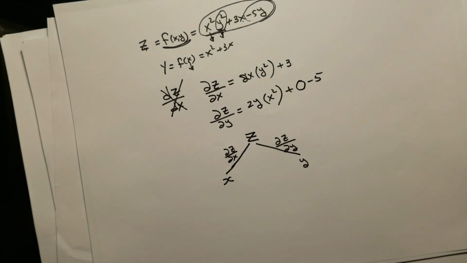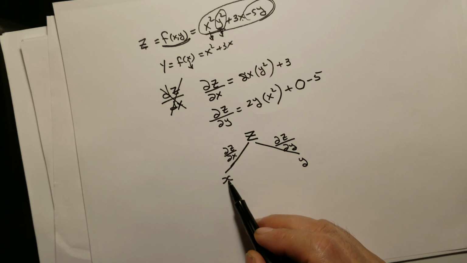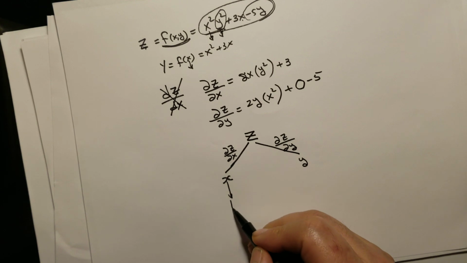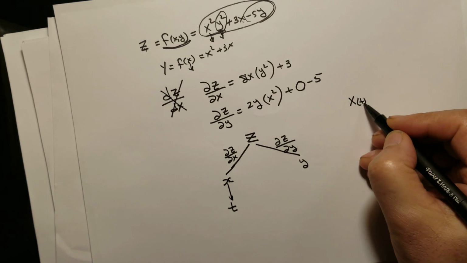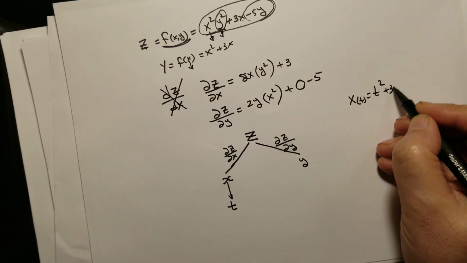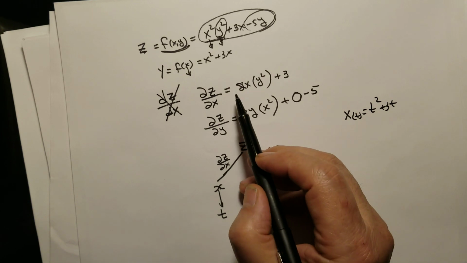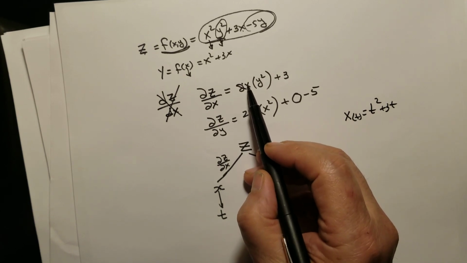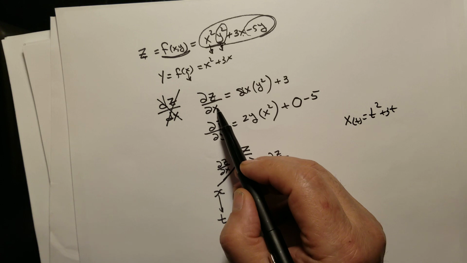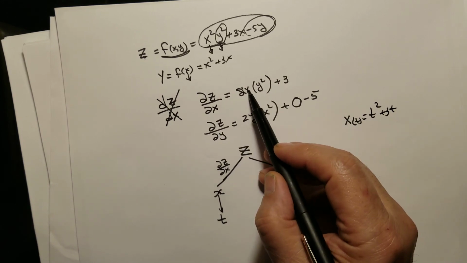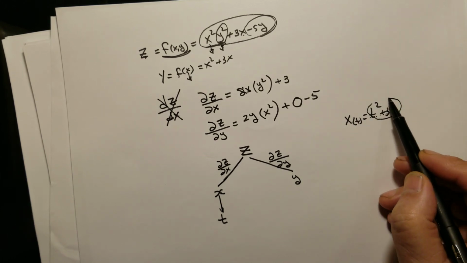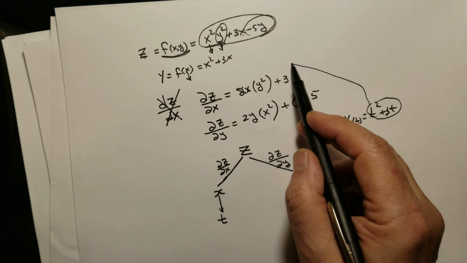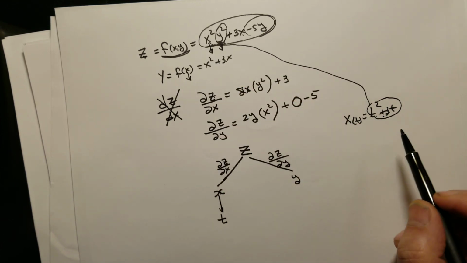But what happens if that x itself depends on another variable? Like what happens if x is represented by t squared plus 3t? Then when you take the partial derivative of z with respect to x, that would become the outside function, because x is a function of t, and this is your inside function because you have to replace the x with t squared plus 3t.